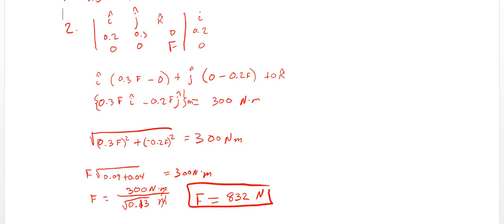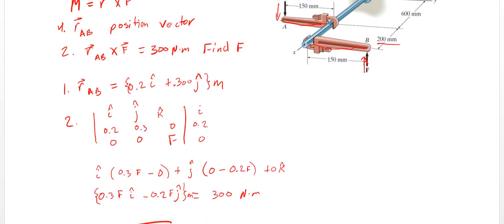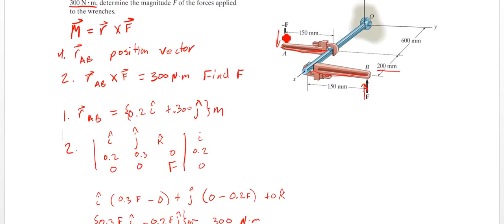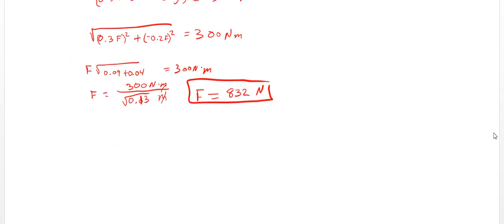Another way we could look at this, so we come back to the problem description, we could just find this distance from this end to that end and multiply by our force, and that's our 300 newton meters, which is basically what we did. We just took the cross product. So I could have done RAB, that was what, 0.2 i plus 0.3 j.